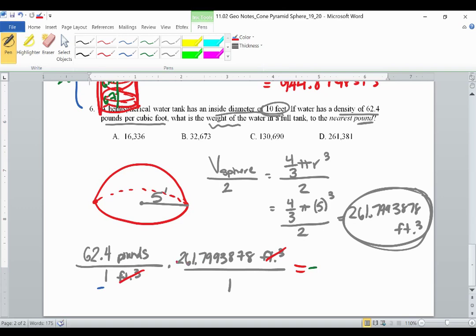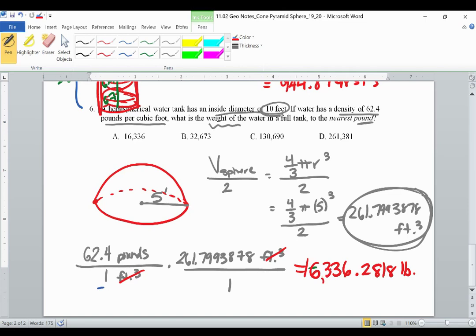So now I'm really just multiplying 261.7993878 times 62.4. You're taking the volume of the tank and multiplying it by the density, which will give us our weight in pounds. That should give you 16,336.2818, and that's pounds. It says to the nearest pound.